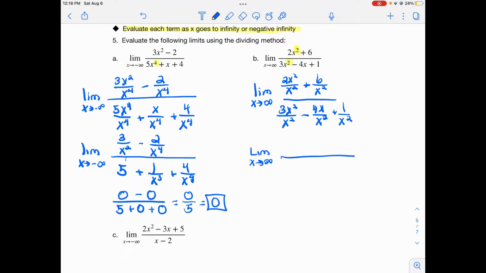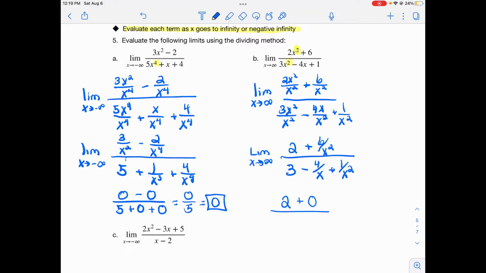All right, and so here on the first term, the x squares cancel out, just leaves us with a 2. This term is already simplified. In the denominator, the x squares cancel out, leaves us a 3. 1x cancels out, and this one is already simplified. The limit as x goes to infinity of 2 is just 2. The limit of a constant is that constant. And then the limit as x goes to infinity of 6 over x squared, that's 6 over infinity, which we've already known to be 0.